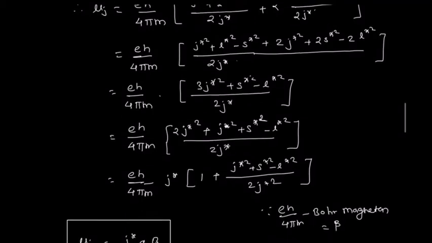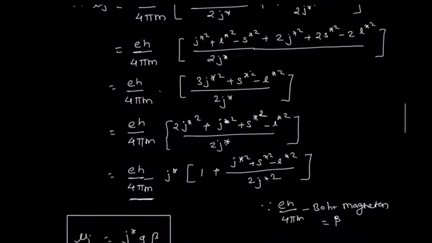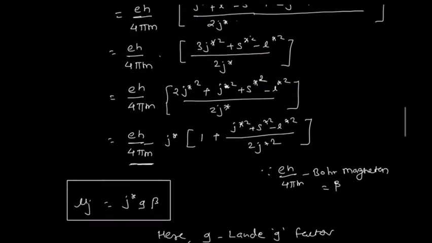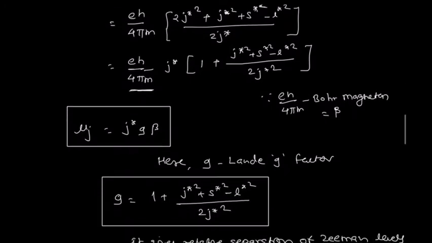In that equation, the constant term eh divided by 4πm is denoted by beta, that constant known as the Bohr magneton. And the bracketed term 1 plus (J*² + S*² − L*²) divided by twice J*², that term gives another constant, that is Landé's g factor.